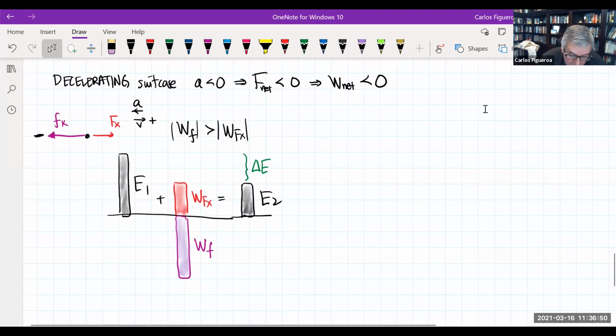So if I look at my suitcase scenario again, and I look at this from a systemic viewpoint, what am I seeing here?